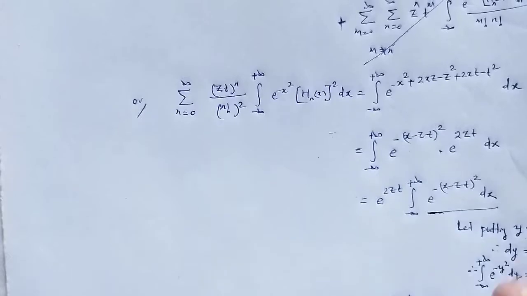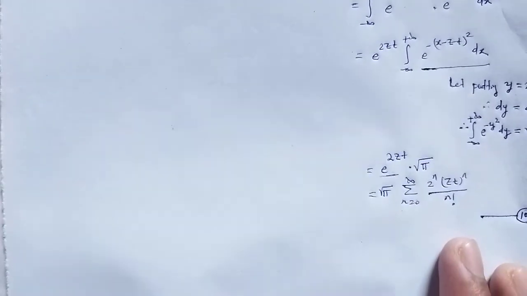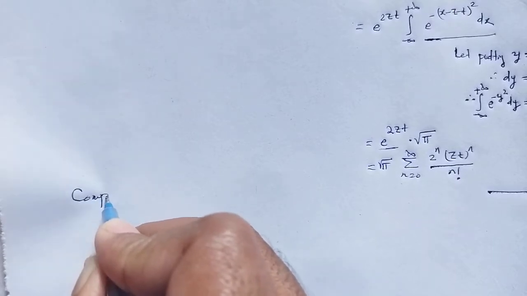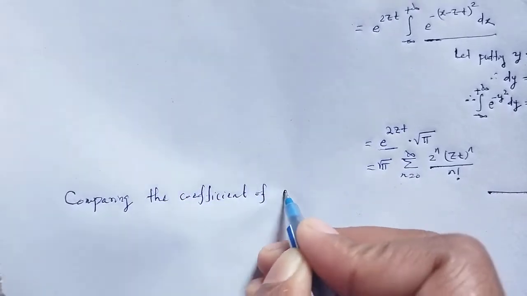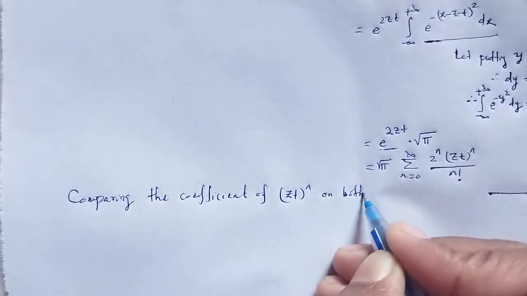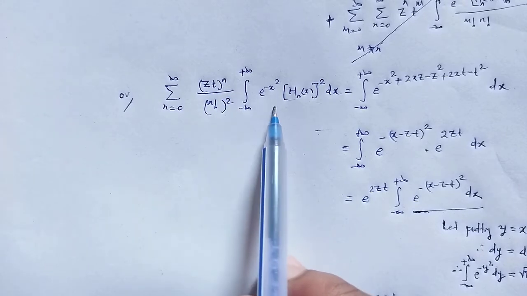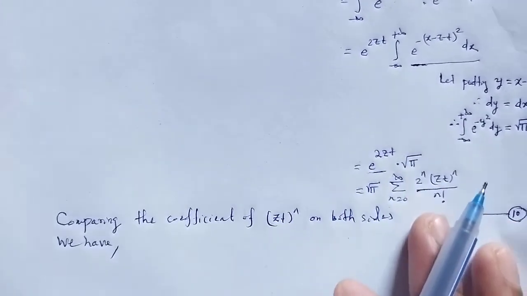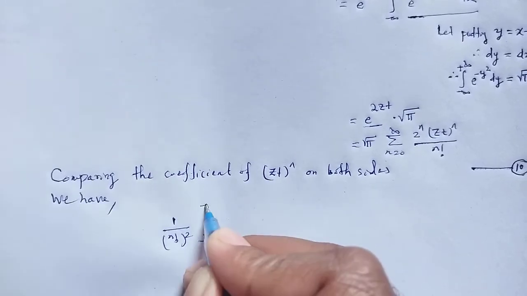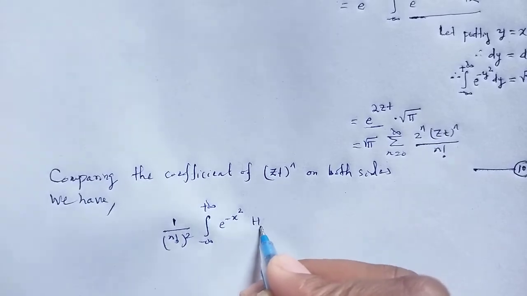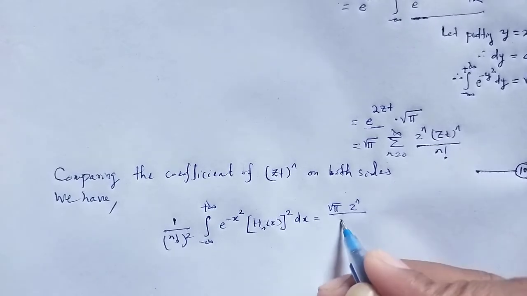Now comparing the coefficient of (zt) to the power n on both sides, we have the coefficient of (zt) to the power n will be 1 by n factorial square, integration from minus infinity to plus infinity e to the power minus x square Hn of x square dx is equal to root pi 2 to the power n divided by n factorial.